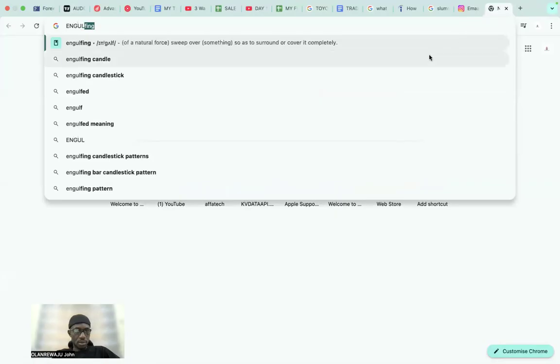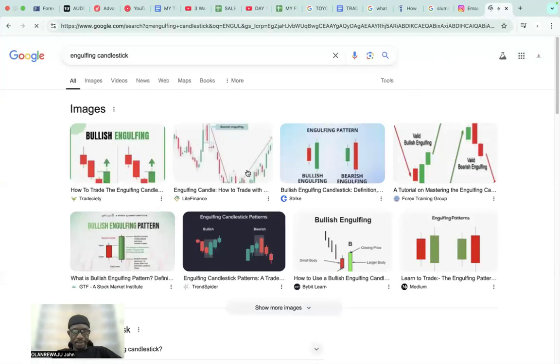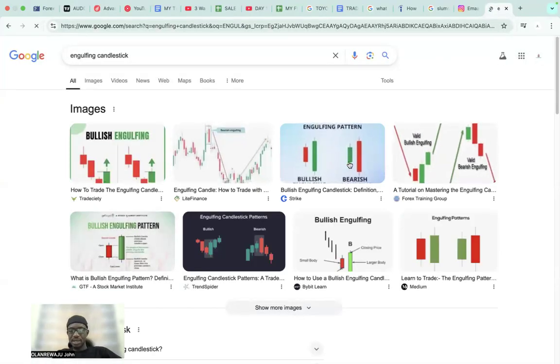An engulfing candlestick, as you can see here, as you also saw, I'm sure, on Baby Pips, is a candlestick that completely, like the word implies, engulfs the previous candle by its side.